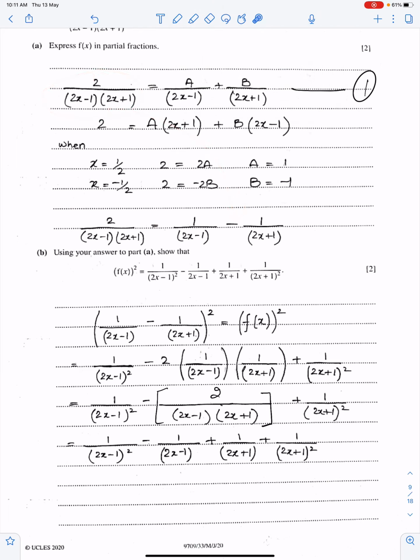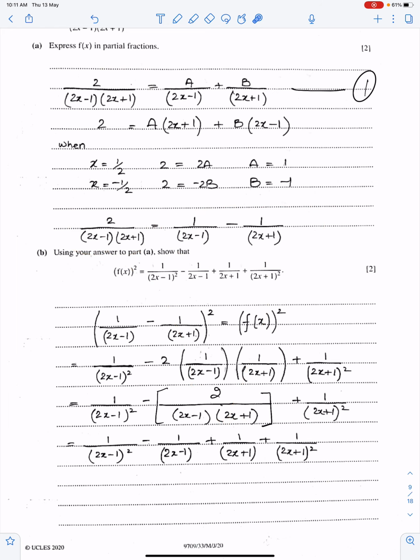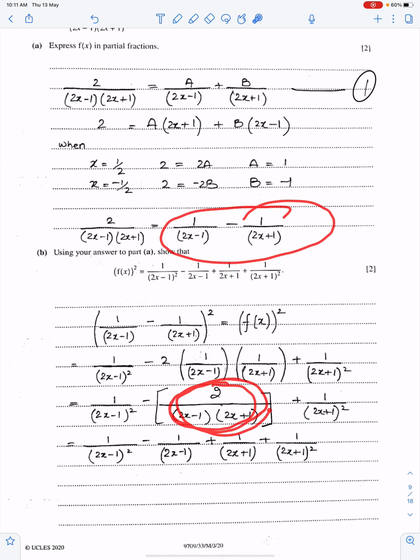by substituting this thing here, we have this. We basically substitute the value of this here. So this is the correction. This is 2 upon this bracket and this bracket. And here we use this result. We substituted this by this thing.